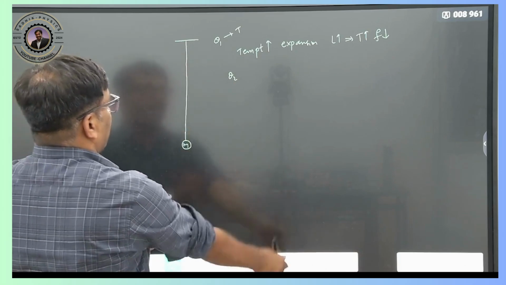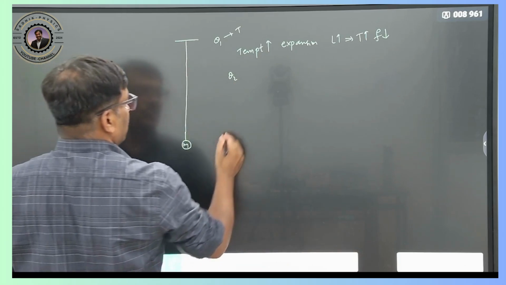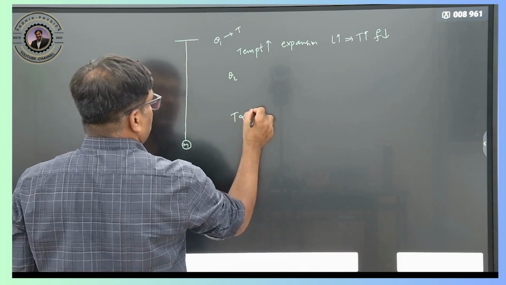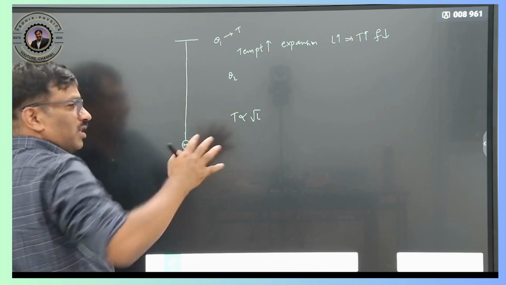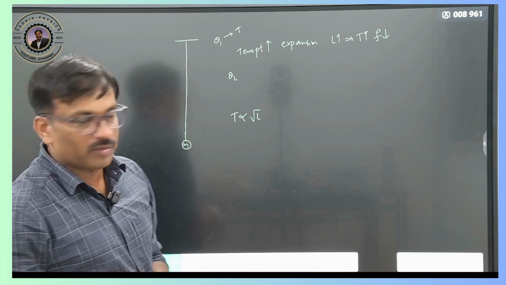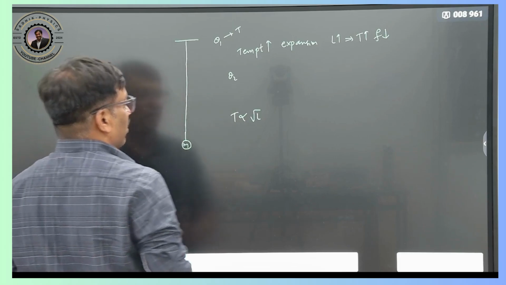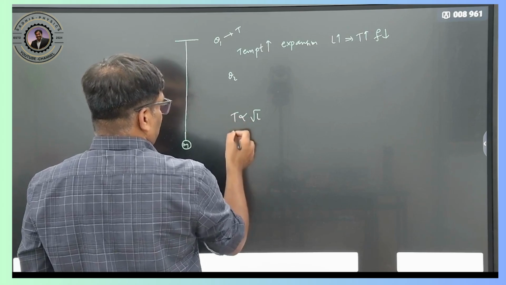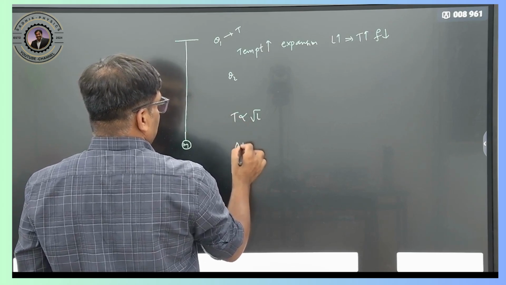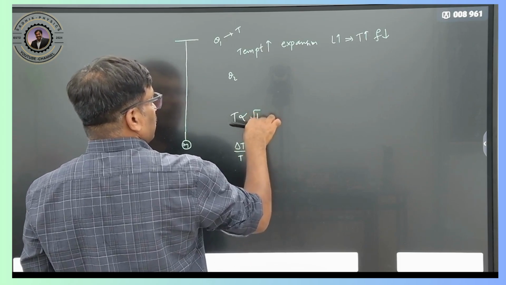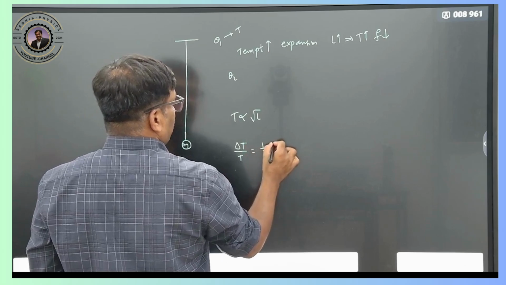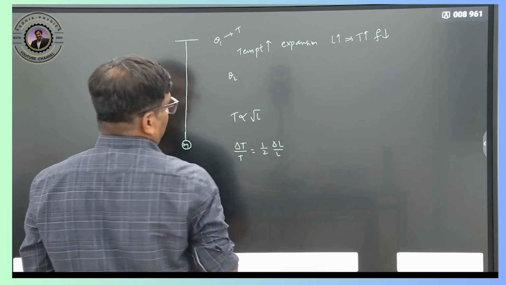So how to calculate the change in time period? Time period is directly proportional to the square root of length. The change will not be large, only a minor change, so we can use the error method here. Change in time period by T equals L to the power 1/2, therefore 1/2 into change in length by original length.